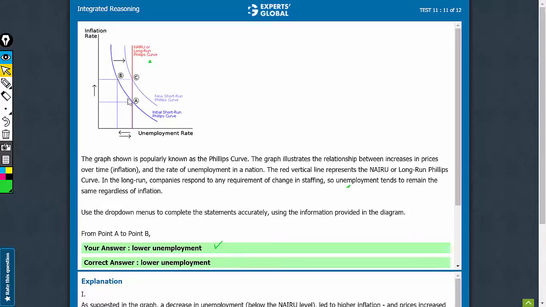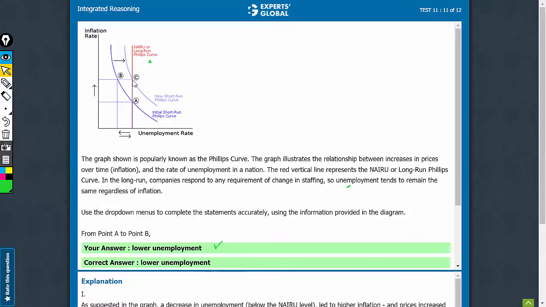Because unemployment has decreased, the inflation has increased, so there are very high costs that the employers probably have to bear, and therefore they need to shed some of the workforce. They shed the workforce. This doesn't necessarily decrease the inflation. The inflation remains the same. However, the unemployment is increasing.